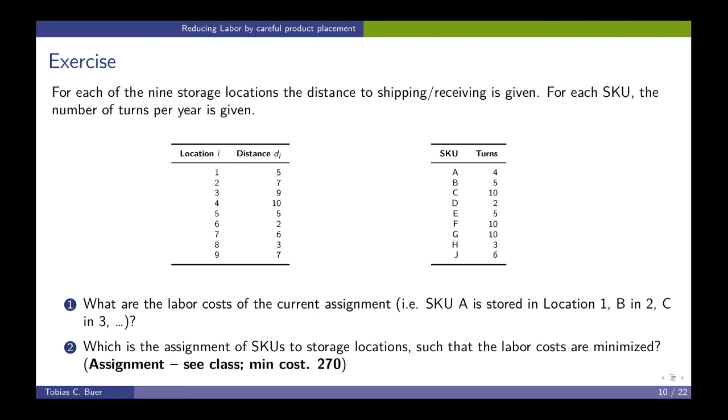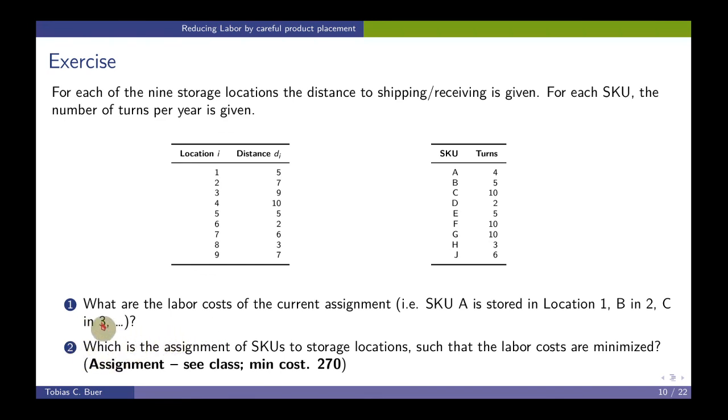And in order to calculate the costs, you just multiply the travel distance with the number of turns and sum this up for all the combinations of SKUs and storage locations.